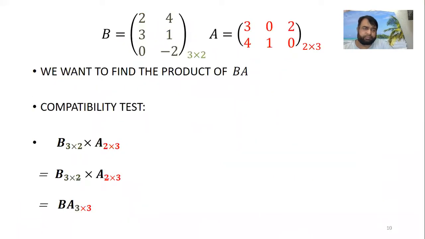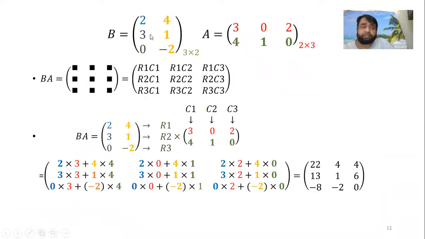Here we made the correction. So it is BA. So the order of BA is 3 by 3. All right. Now if you multiply B and A, since it's a 3 by 3 order matrix, there are 9 elements. You see row 1, column 1, row 1, column 2, row 1, column 3. Then the second row elements are row 2, column 1, row 2, column 2, row 2, column 3.